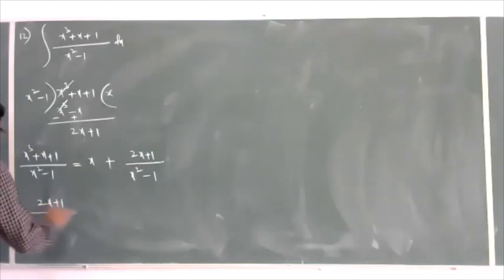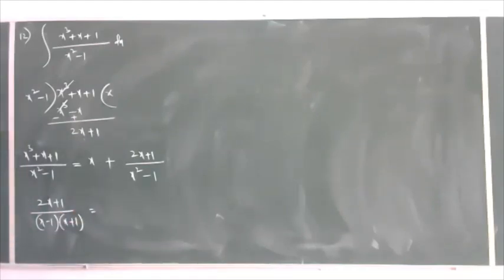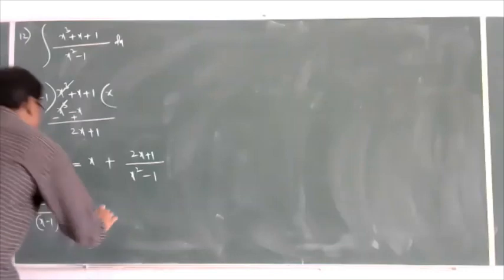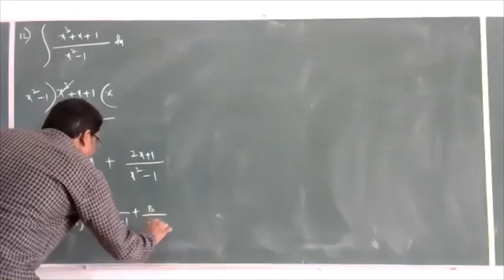(2x plus 1) by this x square minus 1, which is (x minus 1) into (x plus 1), is equal to, make partial fractions, that is a by (x minus 1) plus b by (x plus 1).